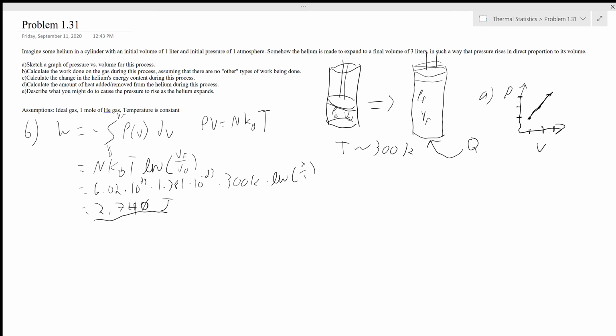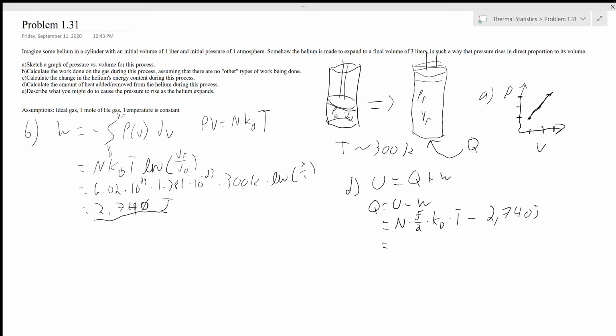But I can find out the heat, so I'm going to do D, which is U equals Q plus W, and solve for Q so I can get U minus W, and U is the number of particles times the degrees of freedom divided by 2 times k_B times T, minus 2,740 joules.